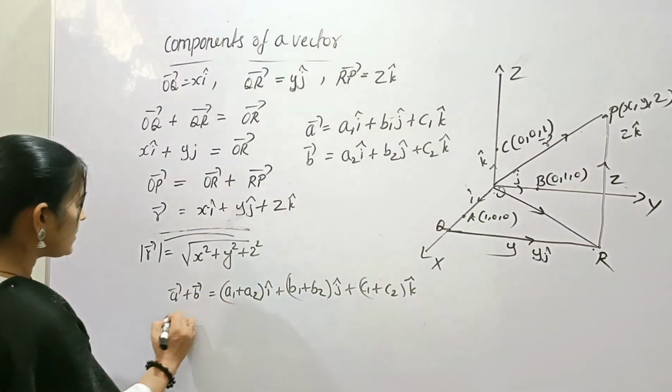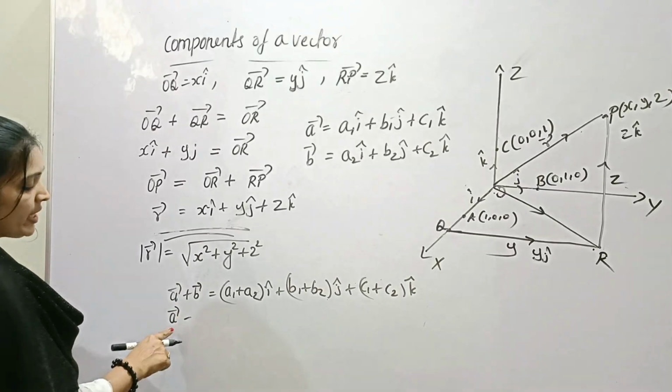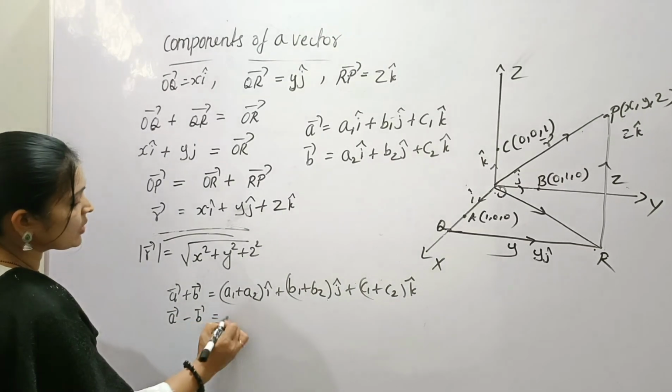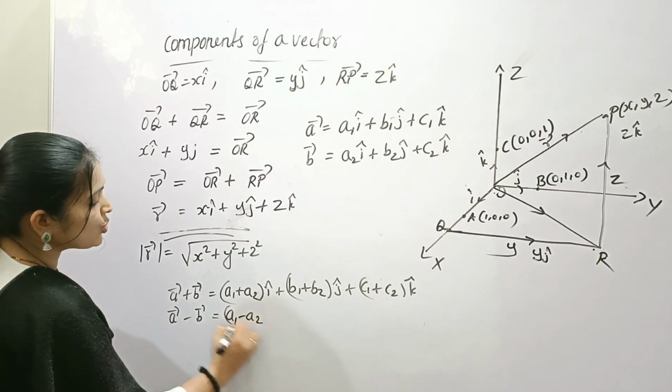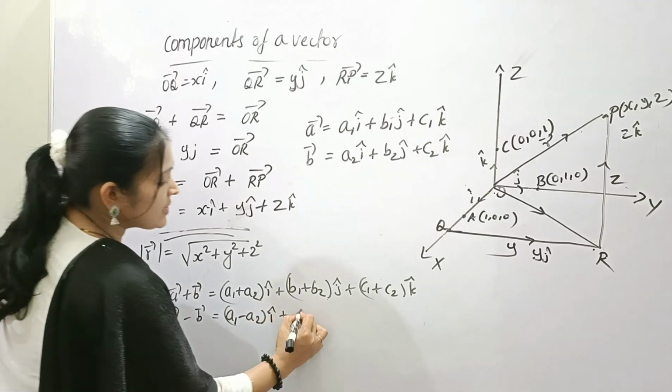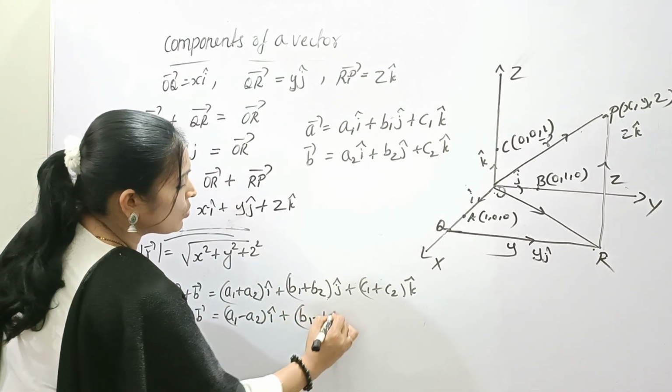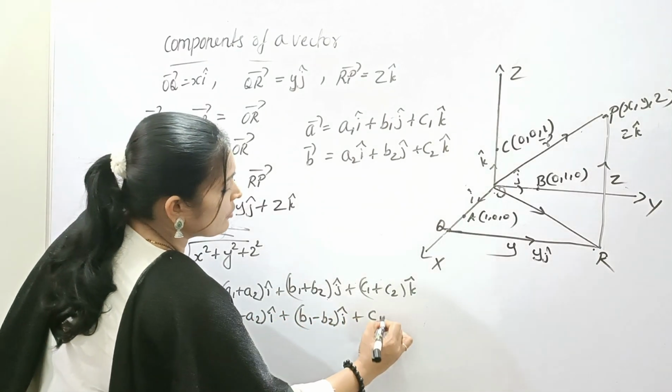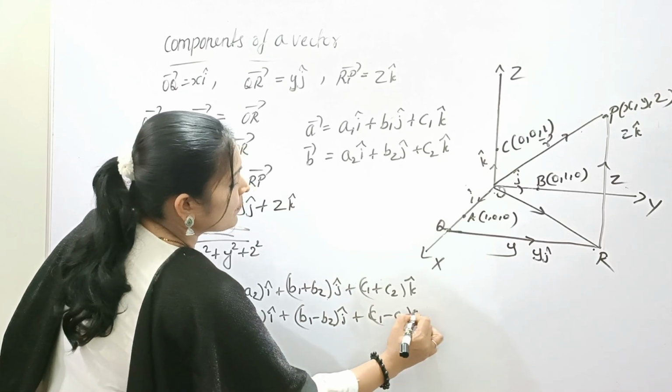And subtraction, that is vector A minus vector B, is equal to a1 minus a2 i plus b1 minus b2 j plus c1 minus c2 k.